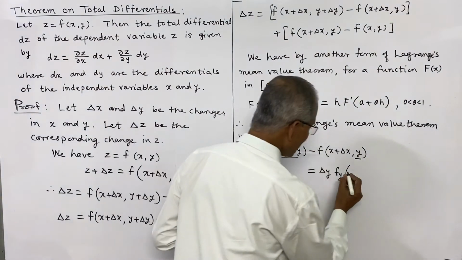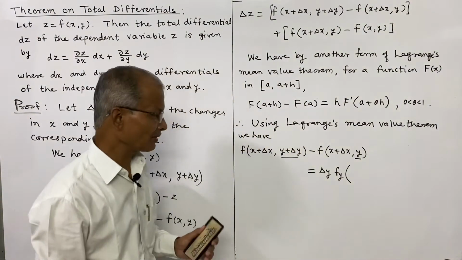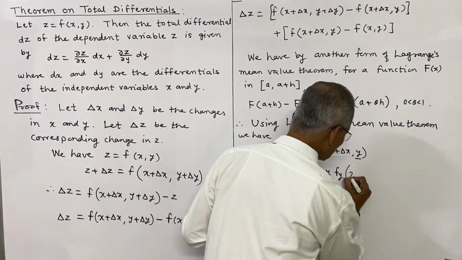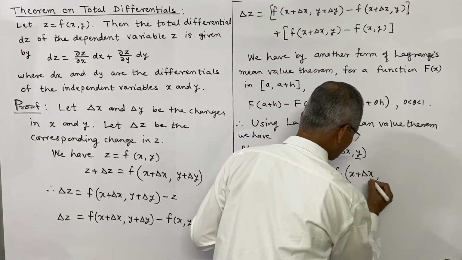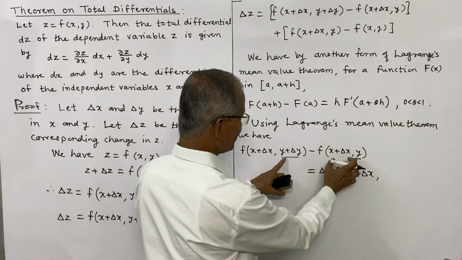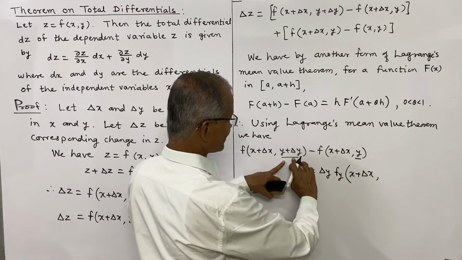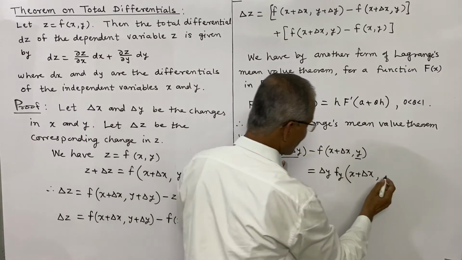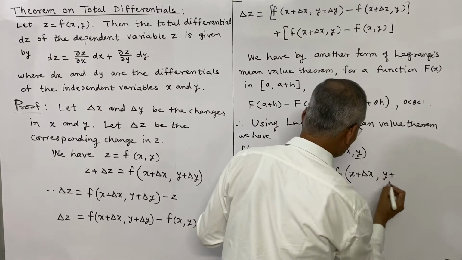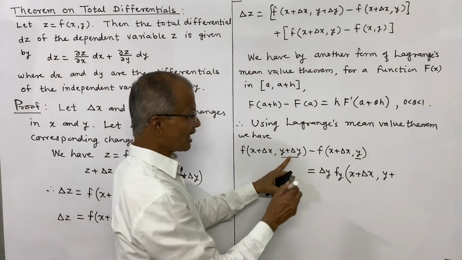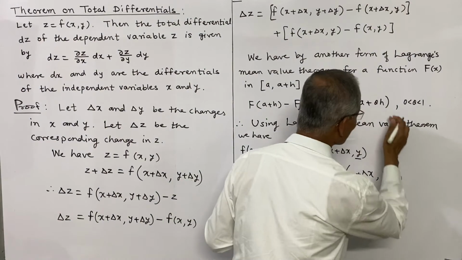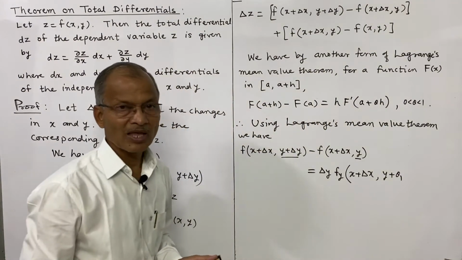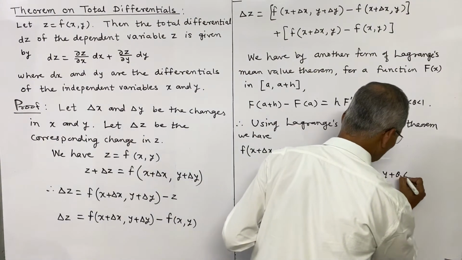This is always a function of two variables, so we should write x plus delta x as it is. And now y and y plus delta y correspond to a and a plus h. So that is written as y plus, and here instead of theta we shall write theta 1 into delta y.